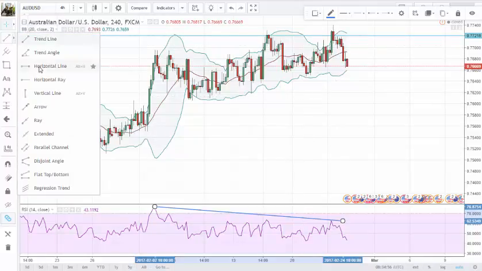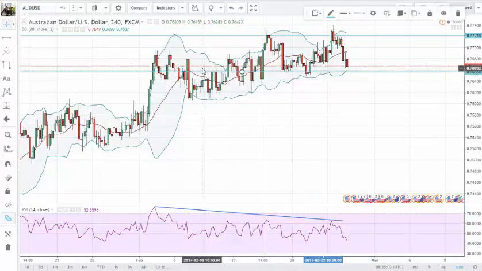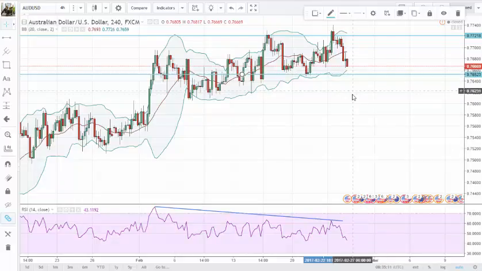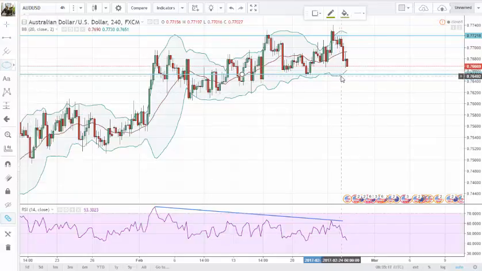Some levels that need to be broken. This is an important level where price stopped last time. Over here is another one, acted as resistance, over here acted as support. So here it broke a little bit, so when we really get convinced to take this move, this level should be taken out.